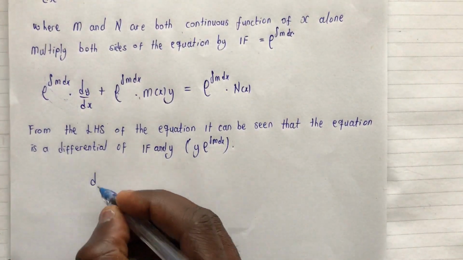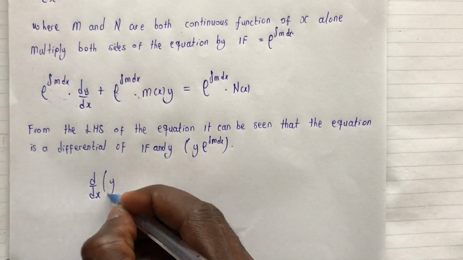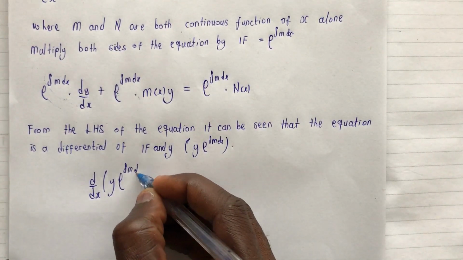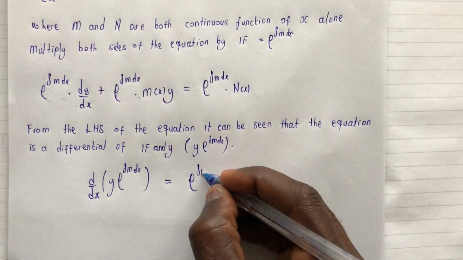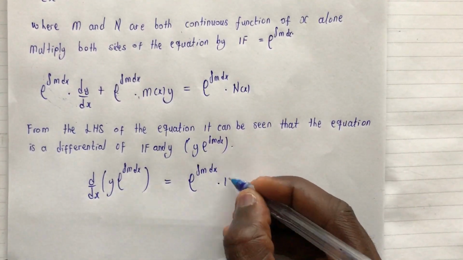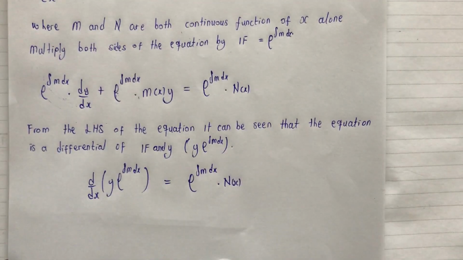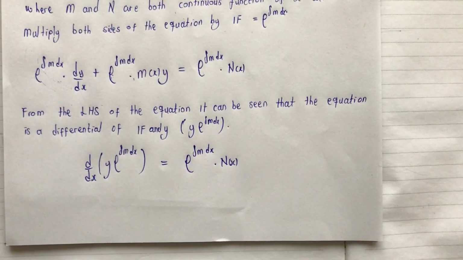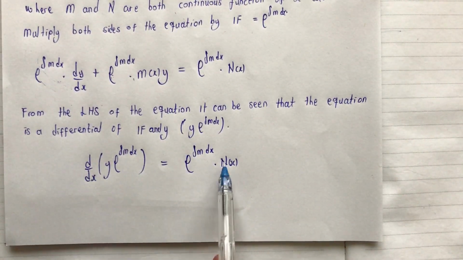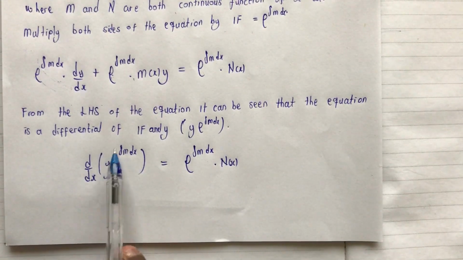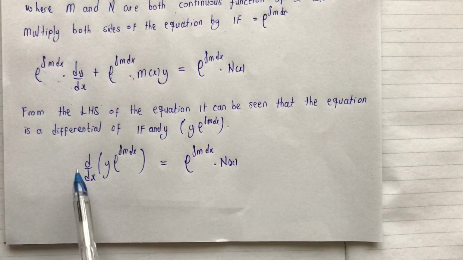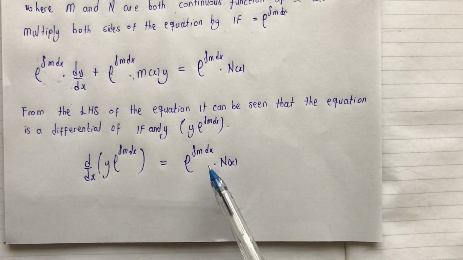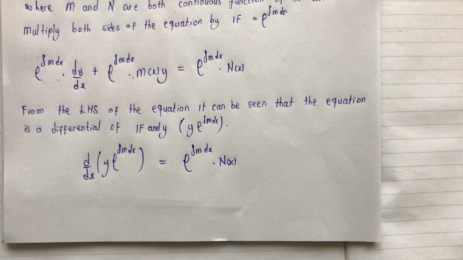So I'm about to take the derivative of y e to the integral of m dx equal to the right-hand side, which is the integral of m dx times n(x). Remember that when you differentiate this side, you will generate this one. So that is why we just take it short, equate it to the right side, and move on. So you integrate both sides of the equation.